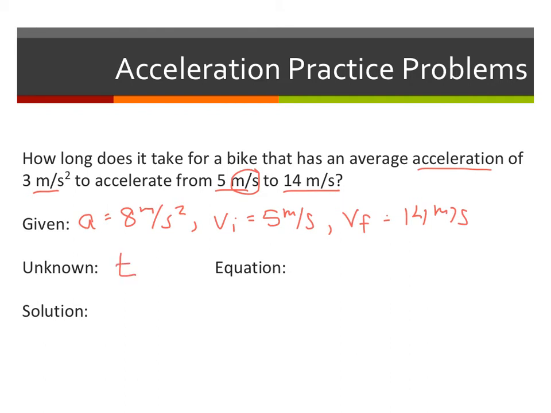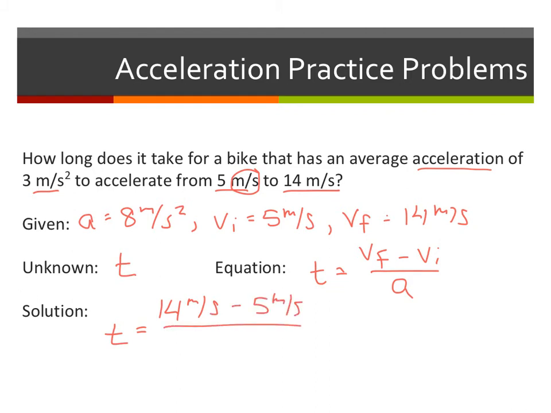Looking at the equations that you've written down, I use the equation time equals v final minus v initial divided by the acceleration. And now I solve. t equals, v final is 14 meters per second minus 5 meters per second divided by 8 meters per second squared.